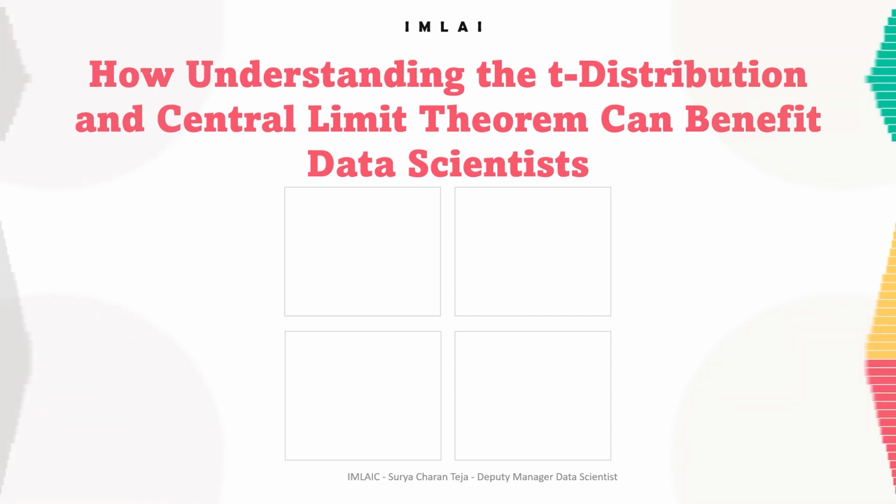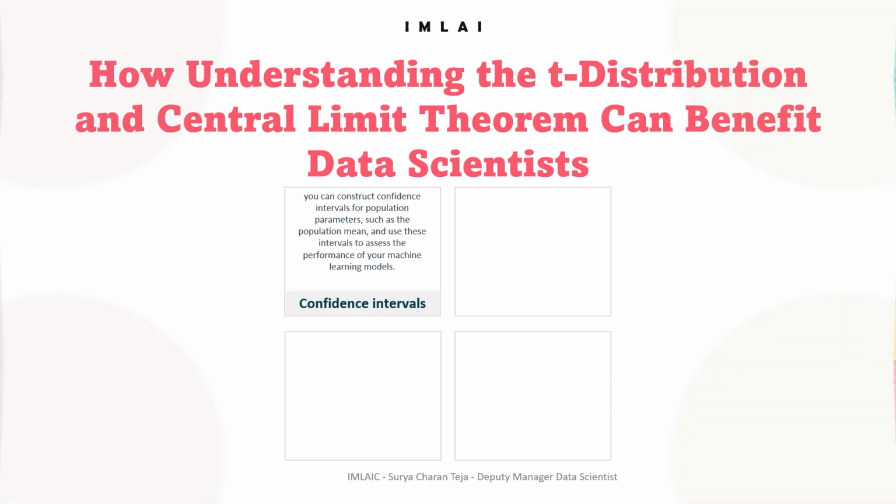Understanding the t distribution and central limit theorem can help you work with your machine learning models in several ways. Out of them, the first one is obviously getting the confidence interval. Confidence intervals are used to estimate the range of values within which the true population parameter is expected to lie with a certain level of confidence.